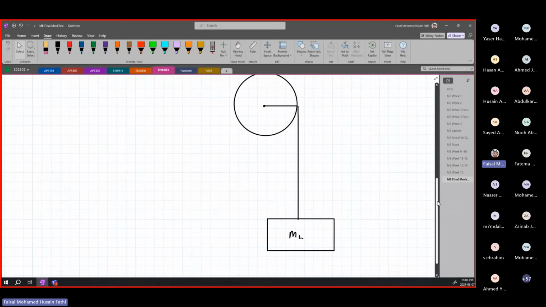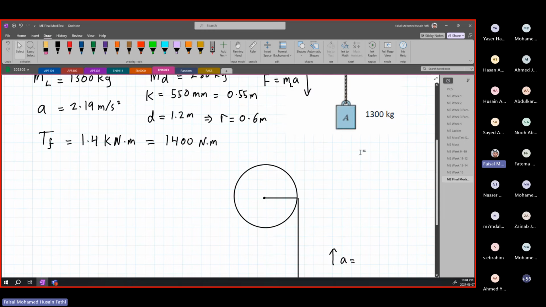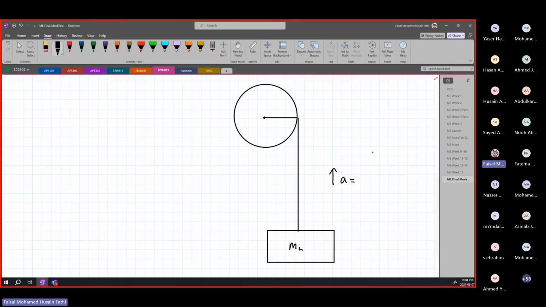Alright, so how would you draw the free body diagram? The first thing we know is we have acceleration going upwards. So we know that acceleration A is equal to 2.19 meters per second squared. And that means that on our load, we're going to have a force downwards on it.